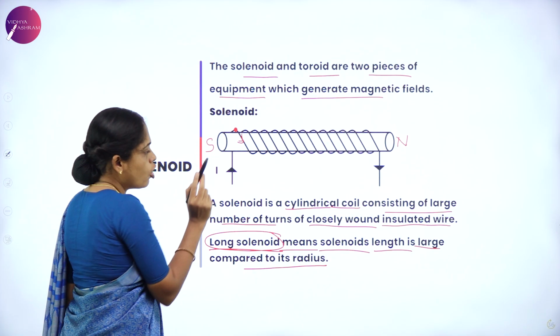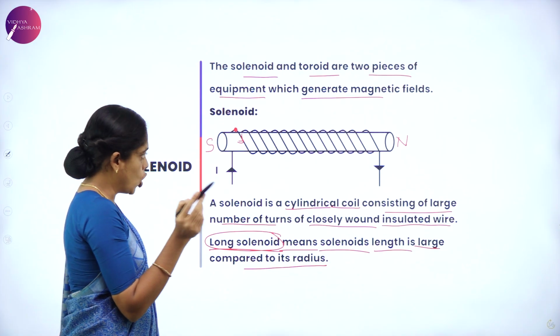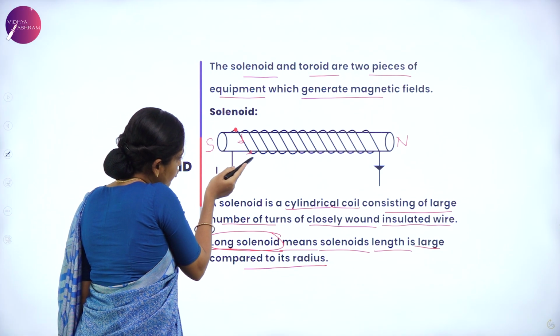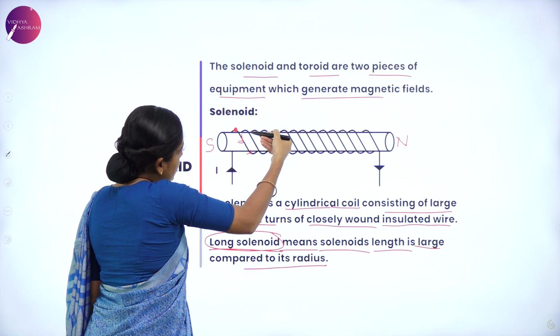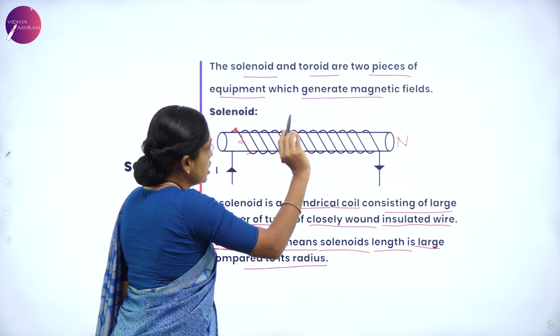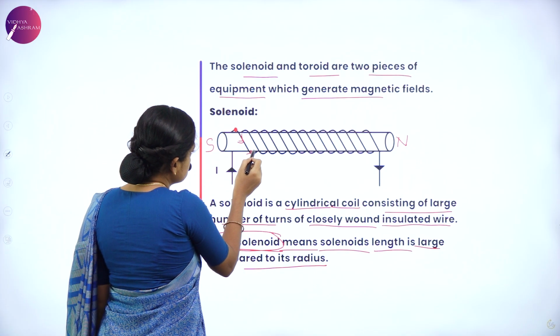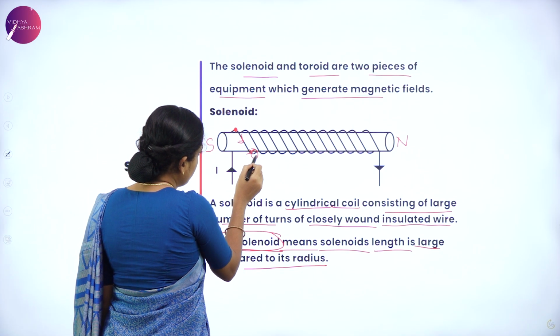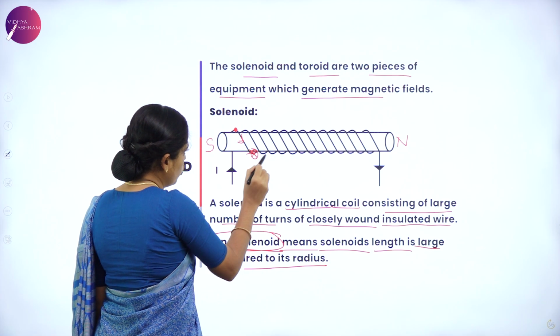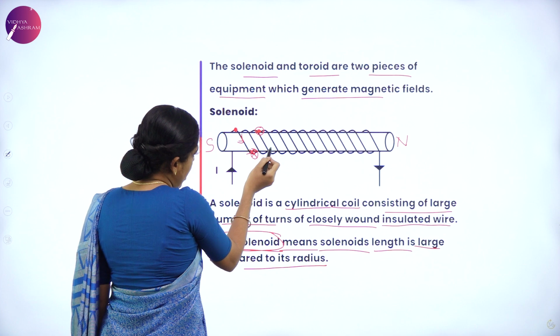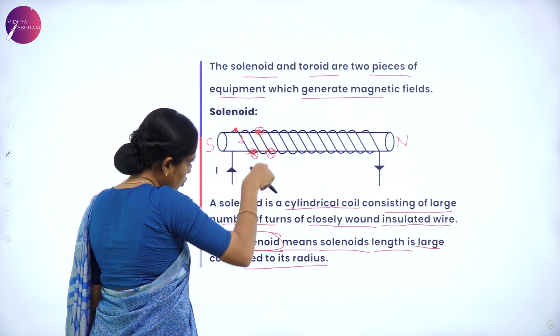Therefore, at the top you represent it by a dot and below here it is into the board. The current is flowing into the board, meaning the back portion of this coil we are unable to show. Again at the top it comes out of the board and below it goes into the board.